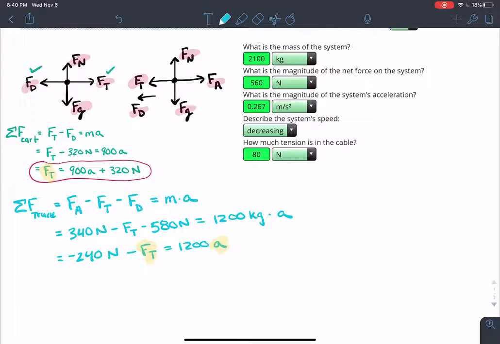So we'll do negative 240 newtons minus, and now I'm going to go back to that nice green color, I'll plug in Ft, 900A plus 320 N. Go back to my blue. Equals our 1,200A.